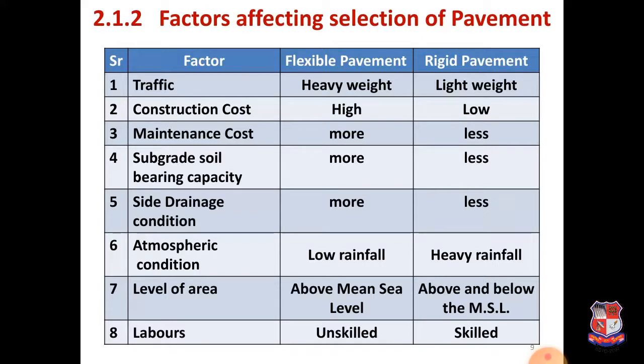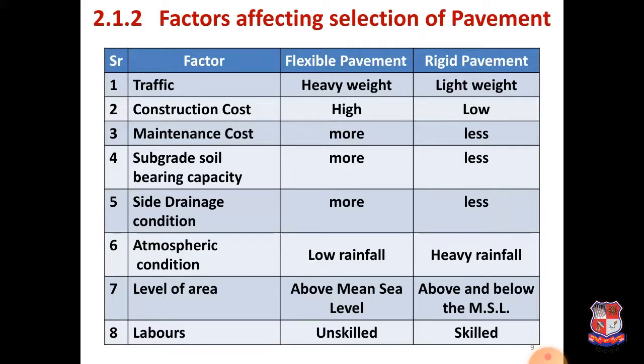Flexible pavement is suitable for heavyweight traffic and rigid pavement is suitable for lightweight traffic. Or when traffic is heavy, we select flexible pavement, and when traffic is light, we select rigid pavement.